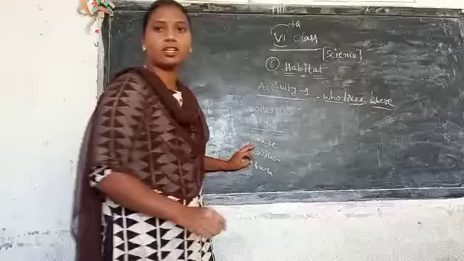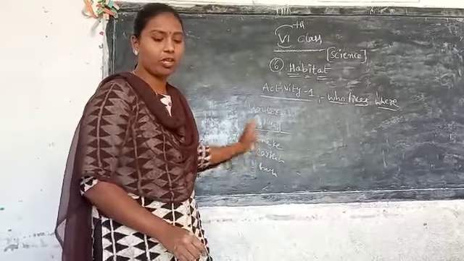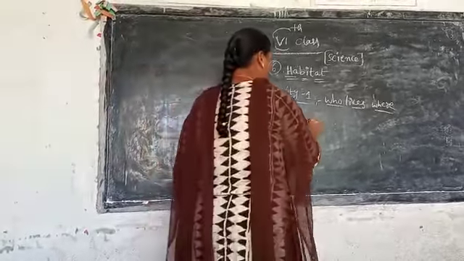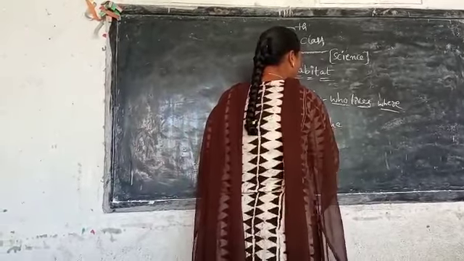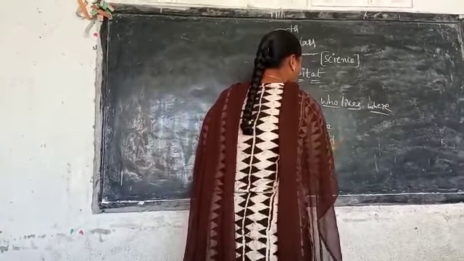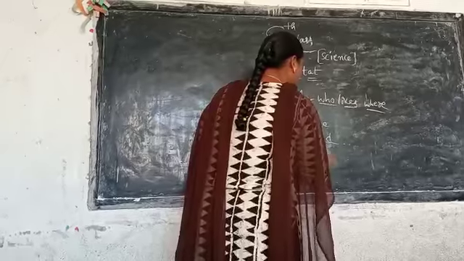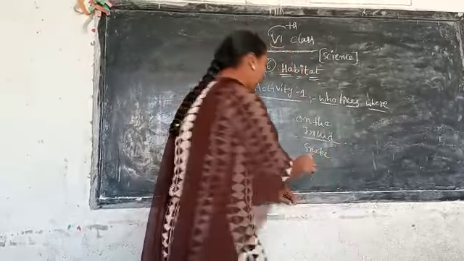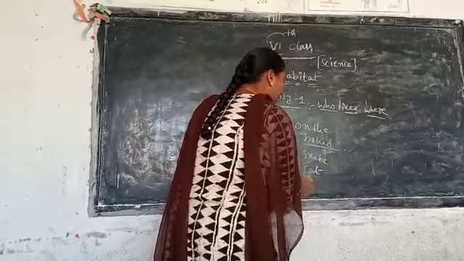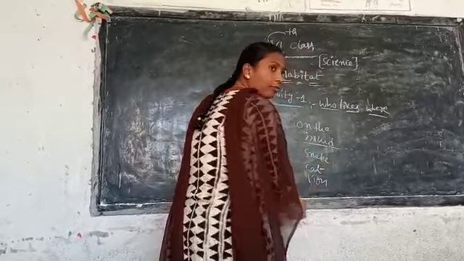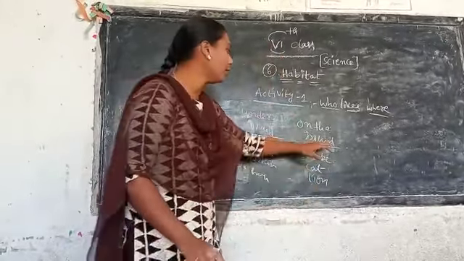These types of organisms live underground. Next, on the ground. Snake, next one, cat, next one, lion. These live on the ground.